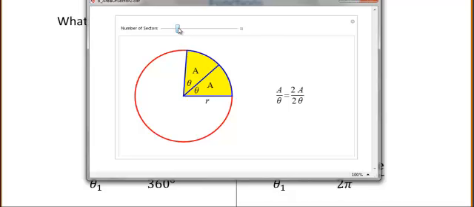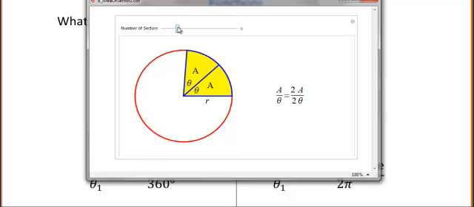the size of the sector, or the size of the central angle, I'd have twice as big a central angle, I'd have twice as much area, but notice that the area to central angle ratio would still be the same because the 2's would cancel.